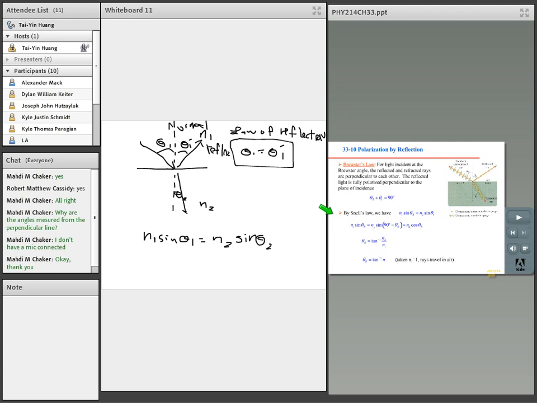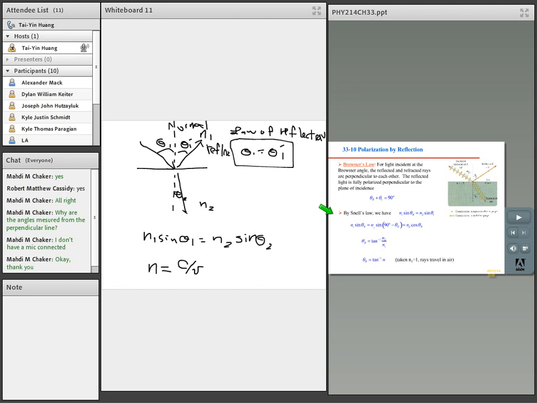Now, as I mentioned on Tuesday, the index of refraction is basically the ratio of the speed of light. So n is defined as the speed of light in vacuum over the speed of light in the medium. So you have n equals c over v.